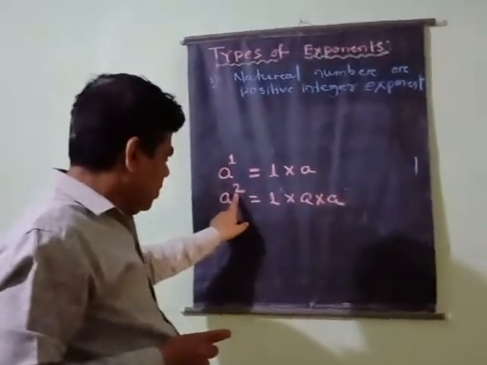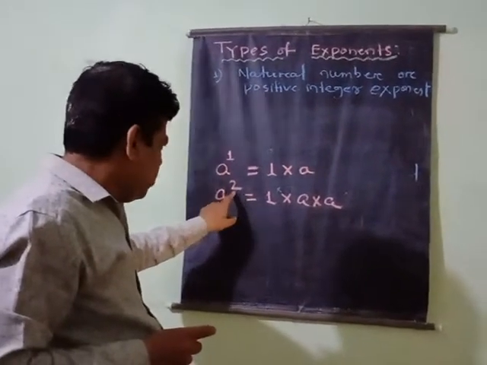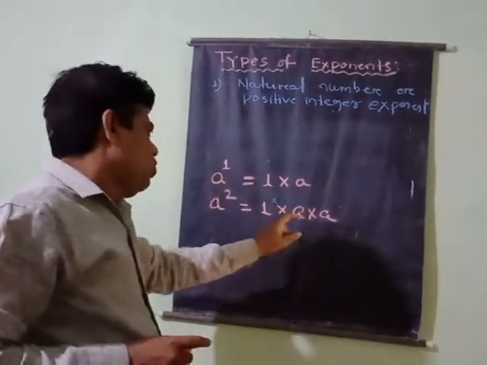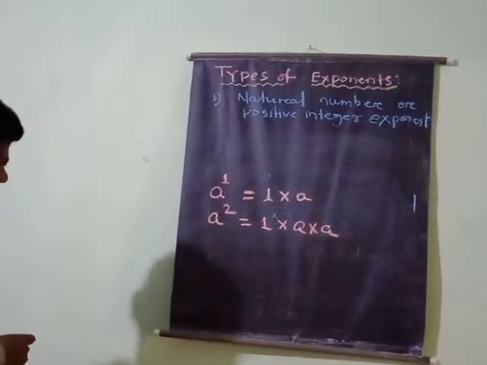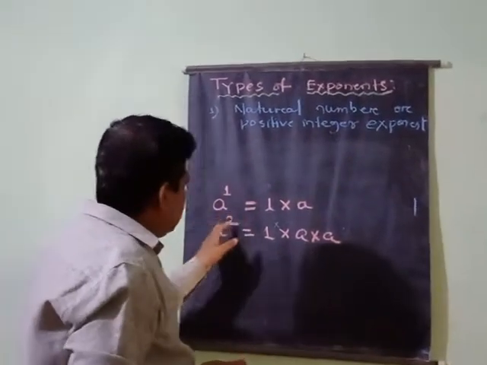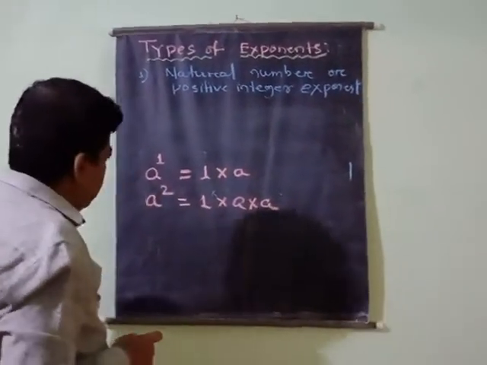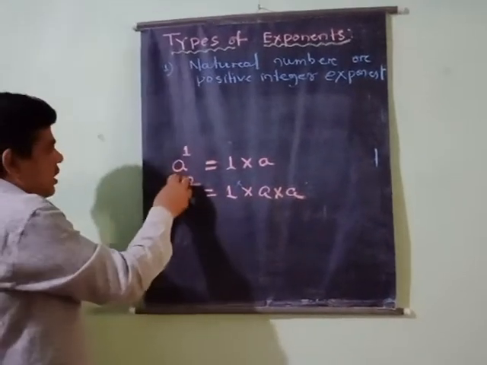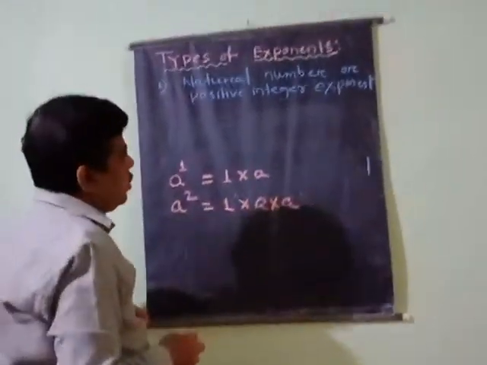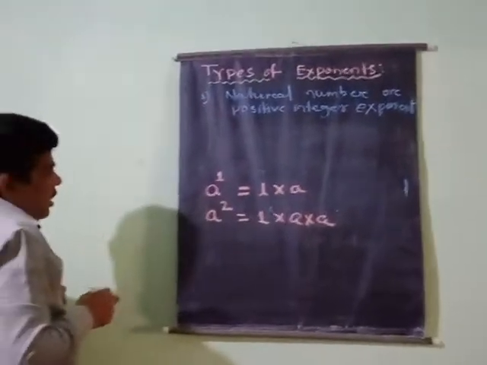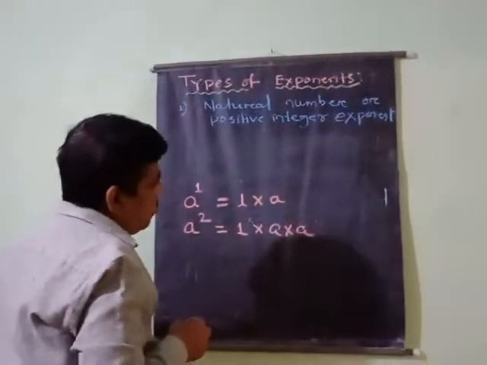Then you get the resulting exponent, a square. Here the power is a natural number, that's why a square is an example of positive integer exponent, natural number exponent, or counting number exponent.